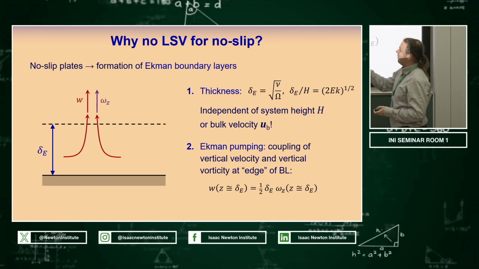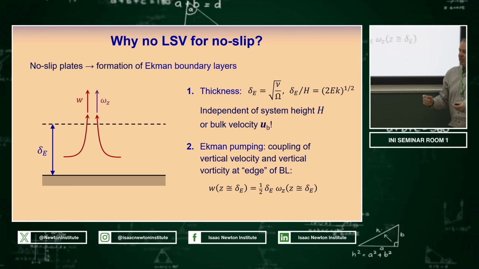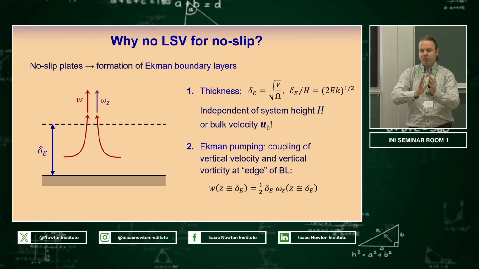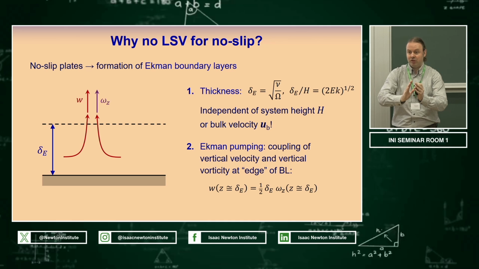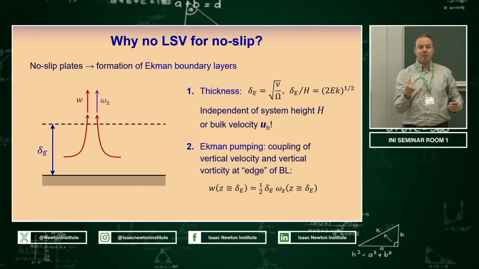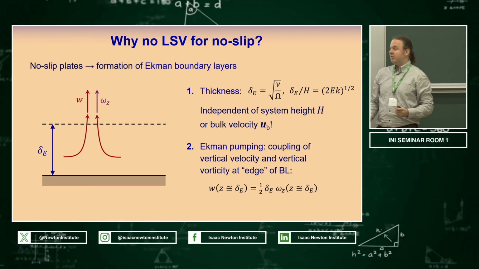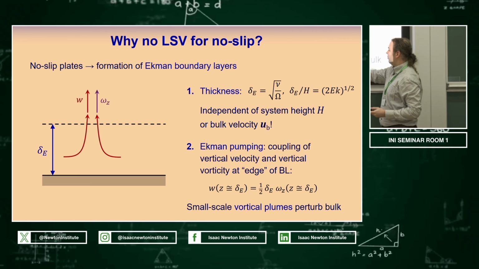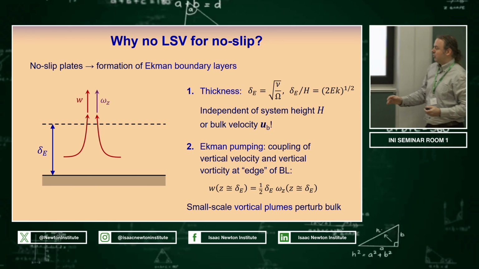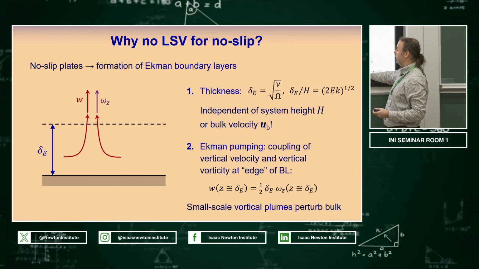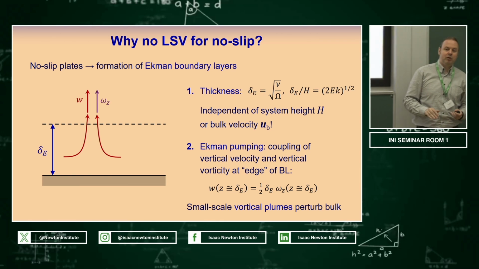This condition means that whenever there's a thermal plume being formed, where there's some convergence of hot fluid close to this hot plate that emerges vertically into the domain, it will gain positive vorticity. Together, this leads to a whole bunch of small-scale vortical plumes that keep emerging from the boundary layers, and they are actually perturbing the bulk.